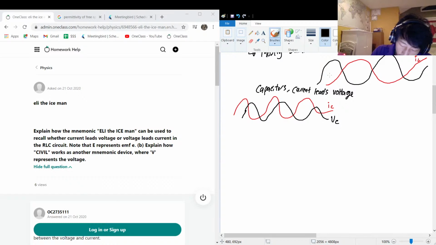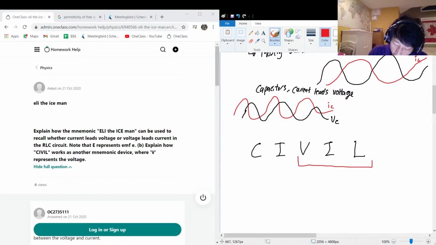I know a couple people who are in civil engineering. They're pretty cool. And it is largely working the same way. So this part of the word civil, VIL, is for inductors.